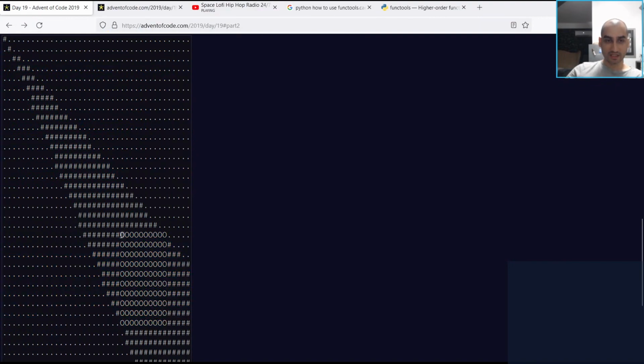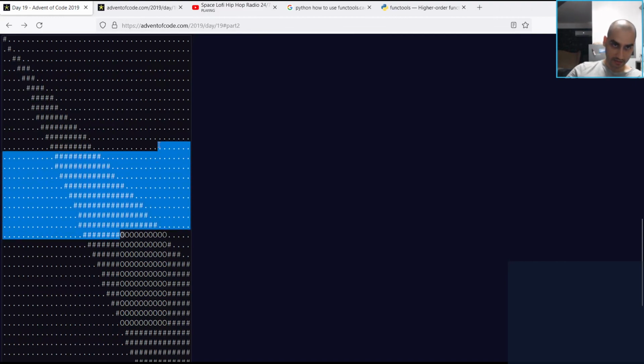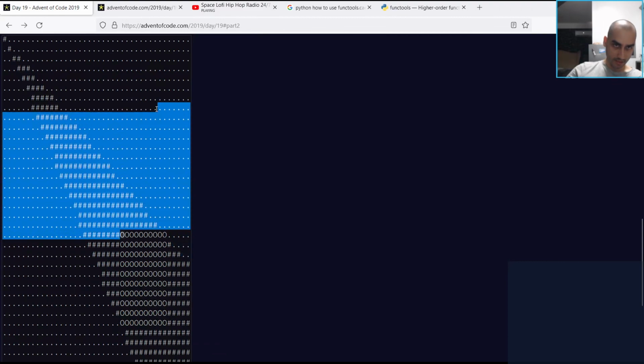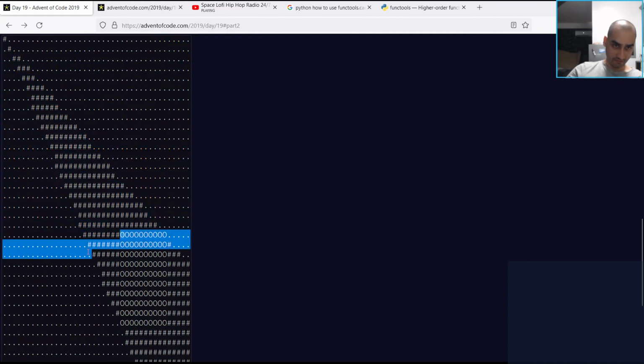The only way we can convince ourselves that there's nothing closer is to go in a radial pattern, like this, like forming a circle, and checking that all those points don't fit.